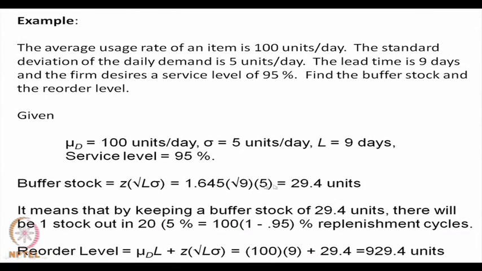So, this calculation may be wrong, but you make the calculations. So, buffer stock is equal to 29.4 units.